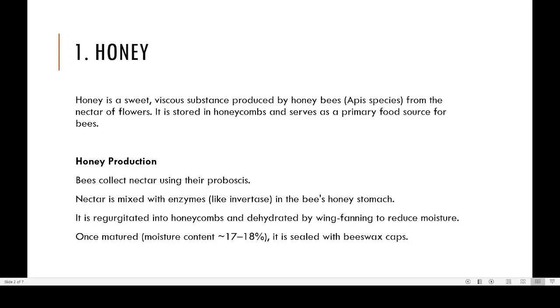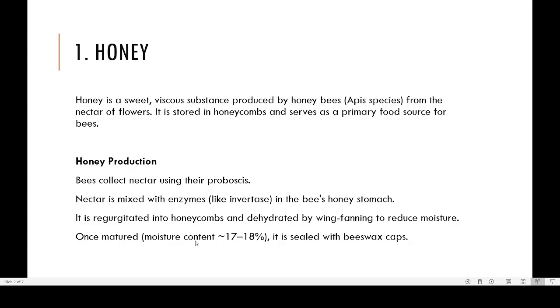After regurgitating it, they will be fanning it. The wings of the honeybee move at very high speed. This high-speed movement dries the nectar, removing the extra water and reducing the amount of moisture. That is the purpose of fanning the cell.